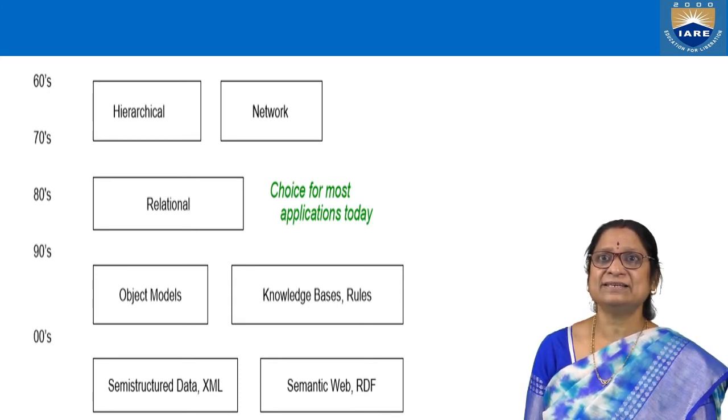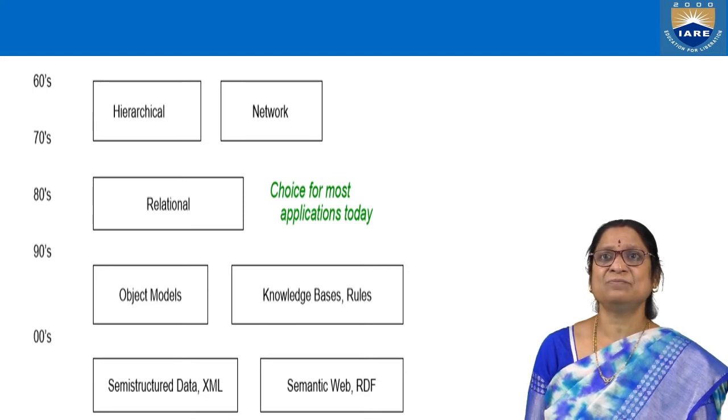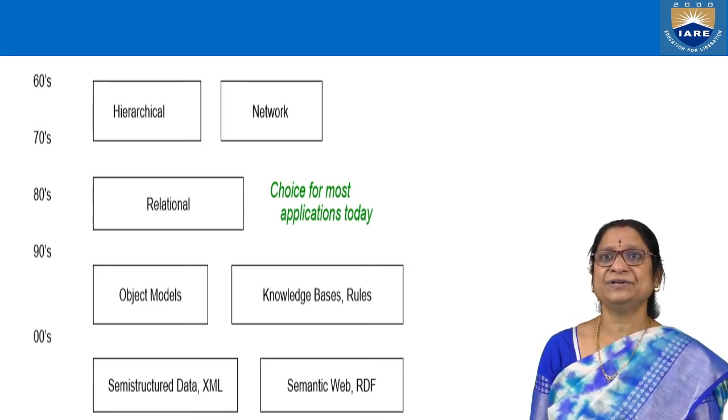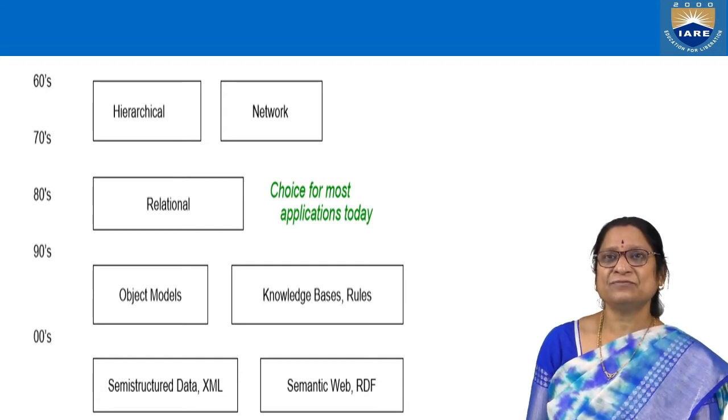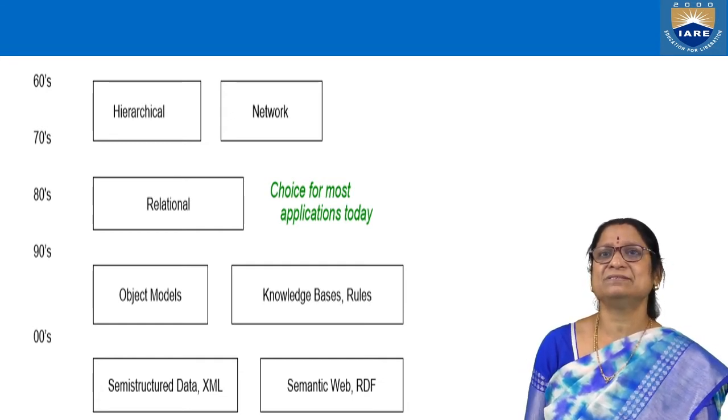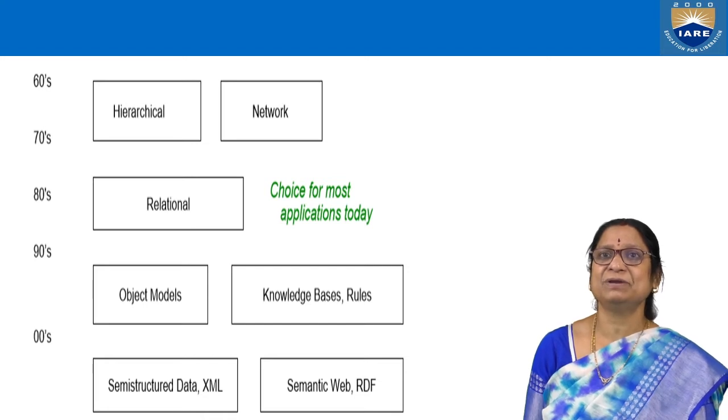And in the 70s, the relational data model came into the picture. Once the relational model was introduced by Professor Codd, the choice of most applications became relational. We'll discuss further why it became so popular.